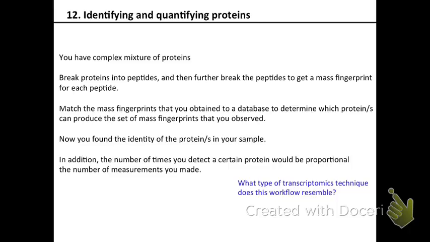You take the sequence of the peptide, map it back to the genome, and find out what protein it comes from. And in RNA-seq, the number of reads that corresponds to a gene is proportional to the amount of RNA that gene was transcribed into in your sample. And in this case, the number of peptides that you see from a protein is proportional to the abundance of the protein in your sample.